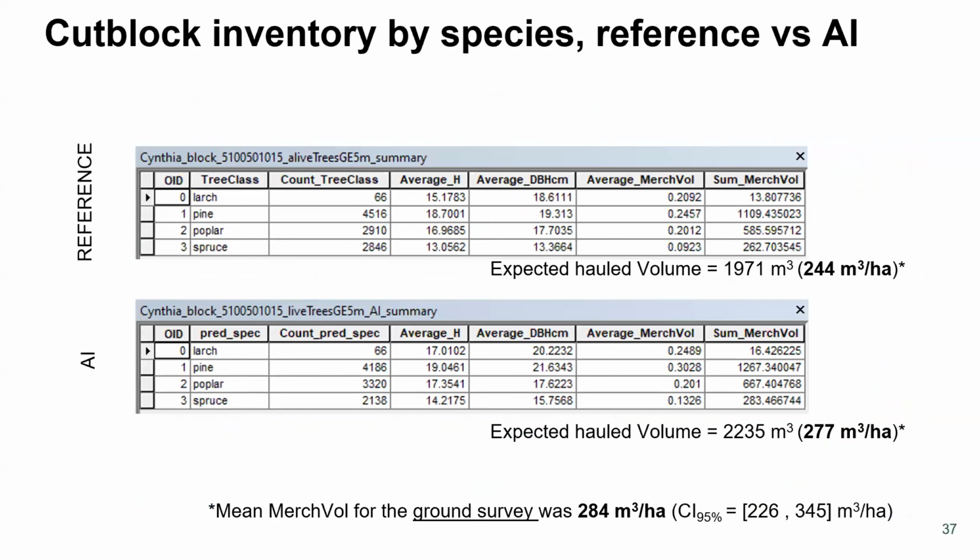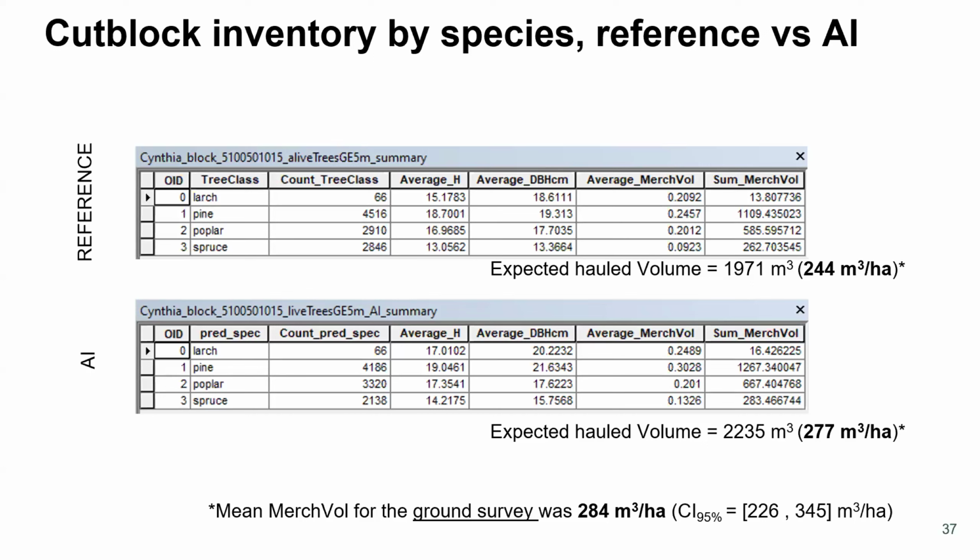So here are the three average values for height, DBH, and merchantable volume by species, and the total merchantable volume per hectare for the entire cut block. On the top, you see the photo interpreted reference, and on the bottom, the AI prediction.